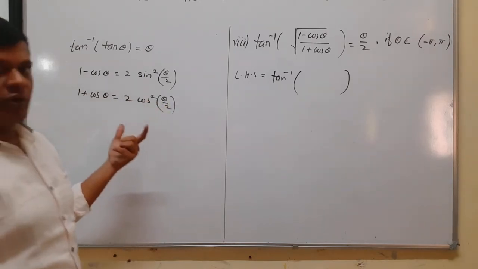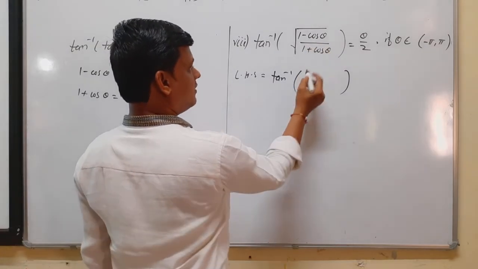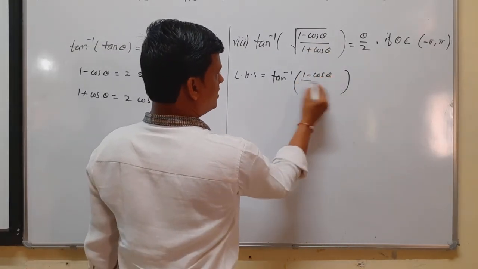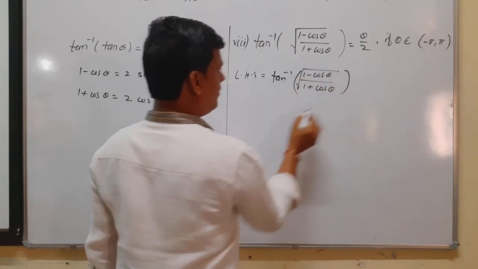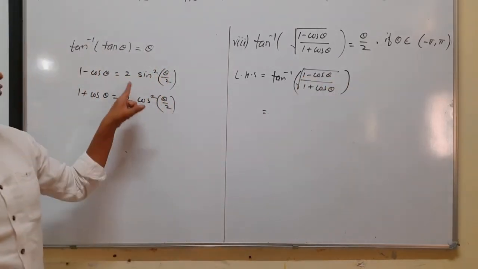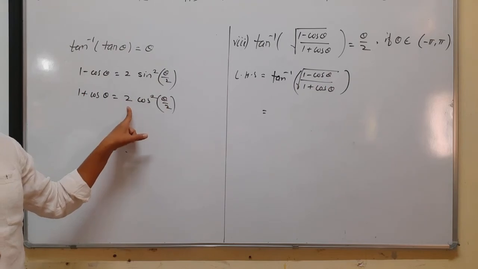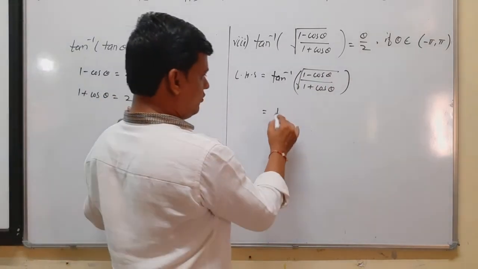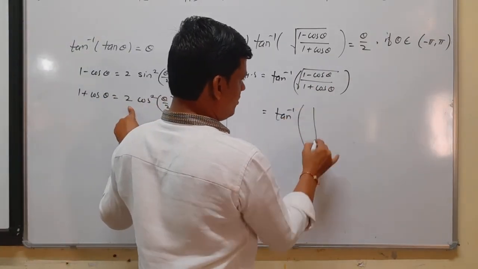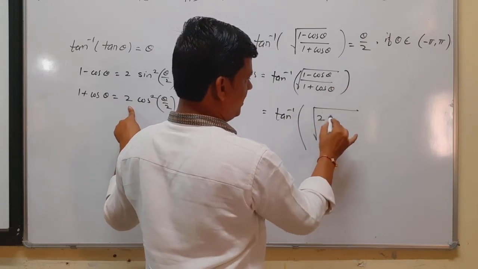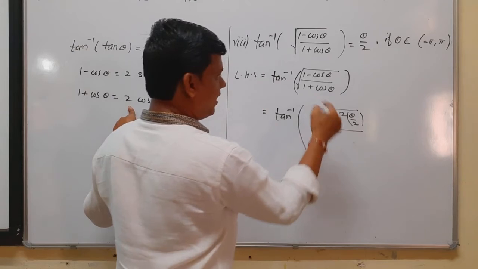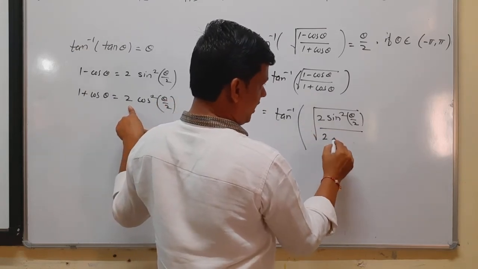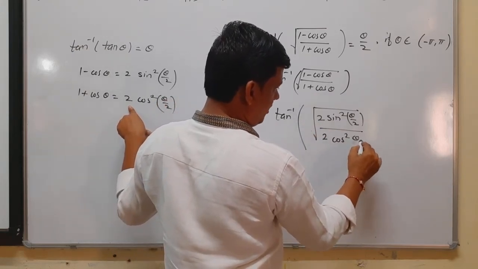So using this formula we can replace here 1 minus cos theta upon 1 plus cos theta by 2 sin square theta by 2 and 2 cos square theta by 2. So we write here in place of 1 minus cos theta, that is 2 sin square theta by 2, and in place of 1 plus cos theta we write 2 cos square theta by 2.